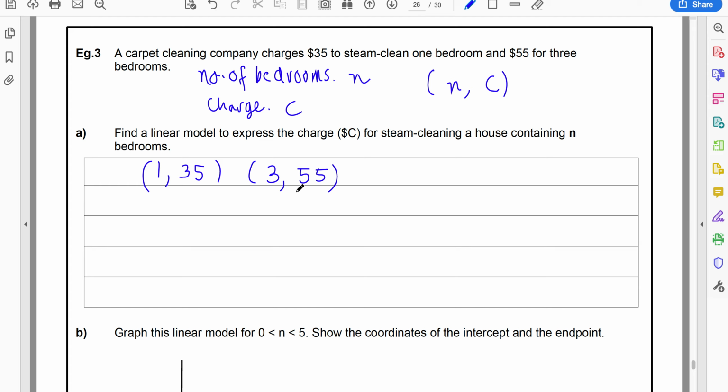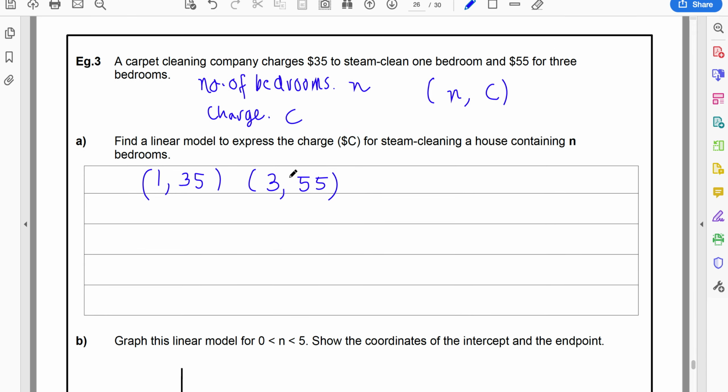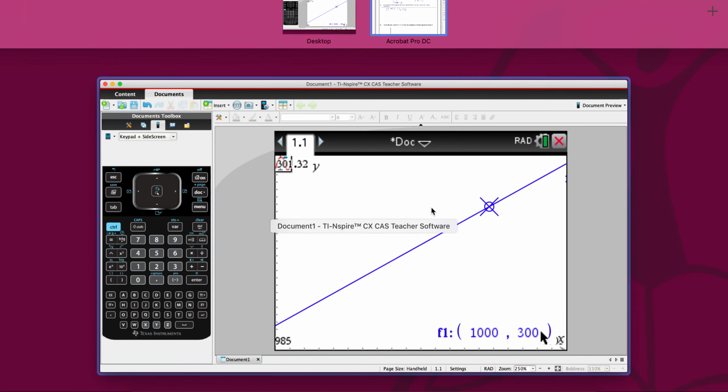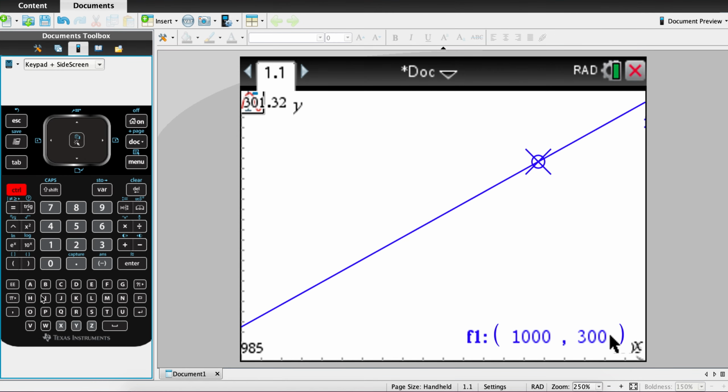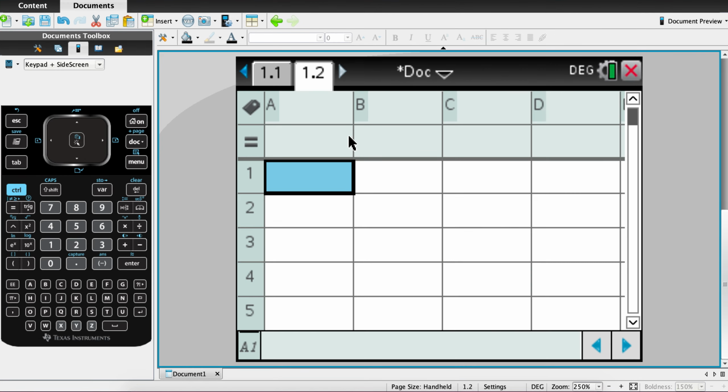Now, using our little strategy from a previous lesson, using 2 coordinates to generate a graph, we can do that really quickly using the CAS because we can go onto spreadsheets. I might just put it in as x and y, but you can use n and c if you want to.